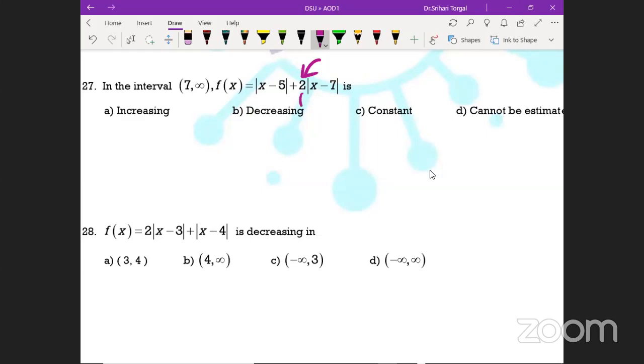So if you put x equal to 7, then this will be 0, right? So from 7 onwards it is increasing. It is decreasing like this, so 7 to infinity it is increasing.